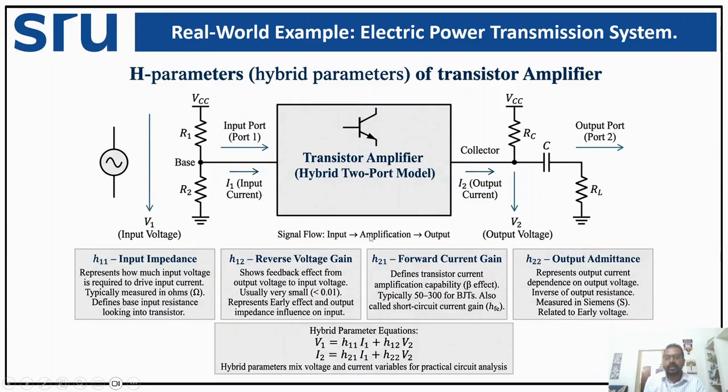This H parameter model allows us to predict the amplifier gain, calculate the input impedance, estimate the output voltage, and understand the feedback effect without solving complex transistor physics equations. This is why they are widely used in low frequency amplifier design.